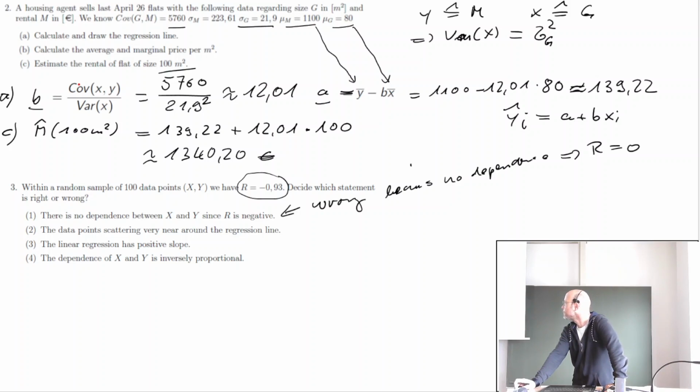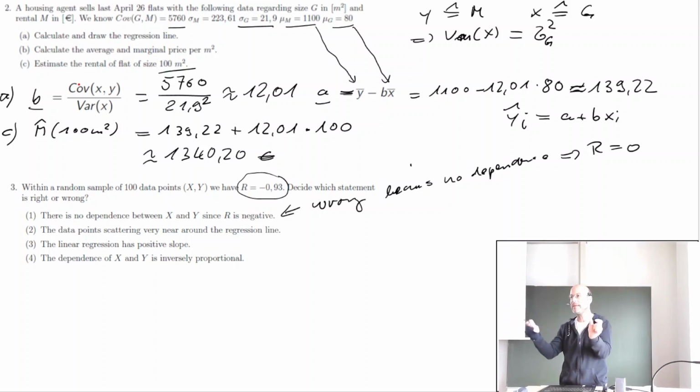What do you think? We have our regression line, somewhere in this direction, and are our data points far away from the regression line? Yes, of course. Very near, because we have minus 0.93, and we know that our correlation coefficient is in the interval -1 to +1.